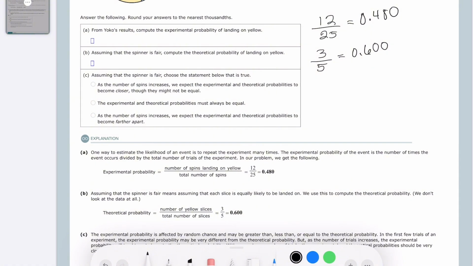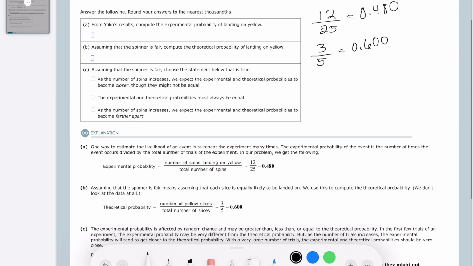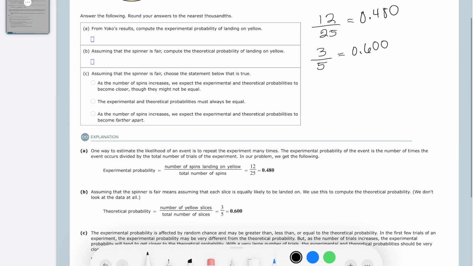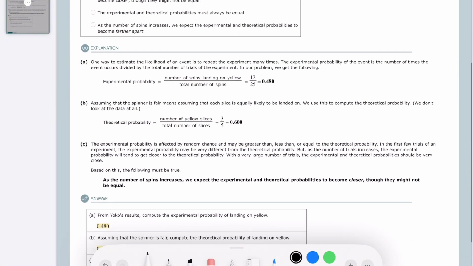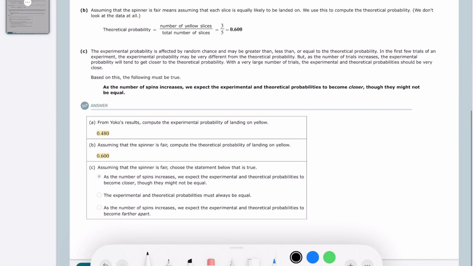Now, as you can see, these are a low number of spins. It's not a lot. Okay, so assuming the spinner is fair, choose the statement. As the number of spins increases, we expect the experimental and theoretical probabilities to become closer. And you can see that down here.